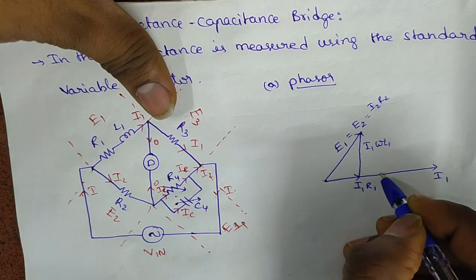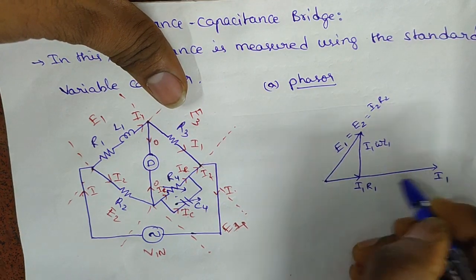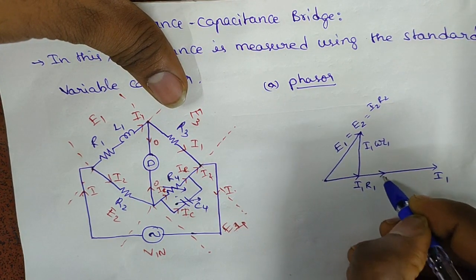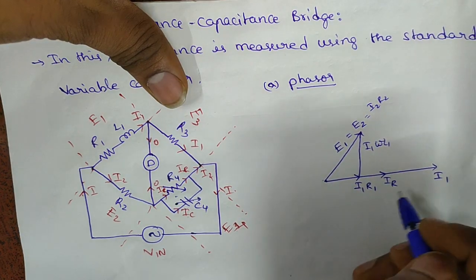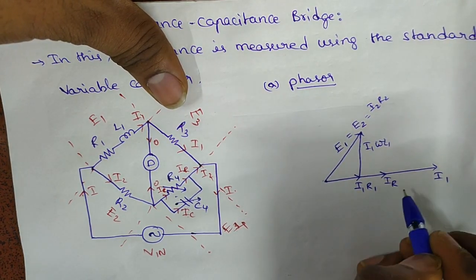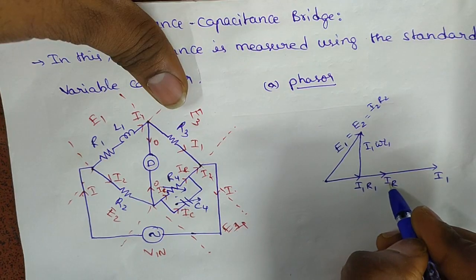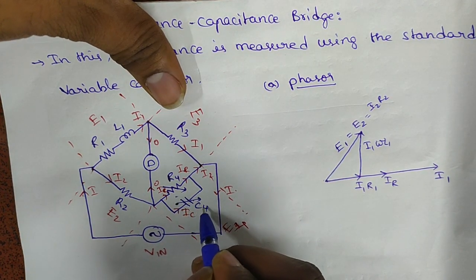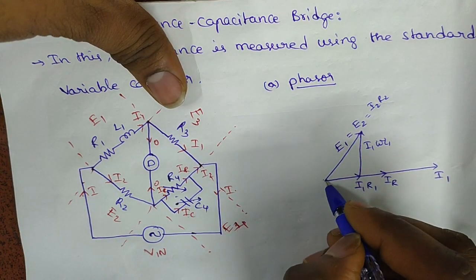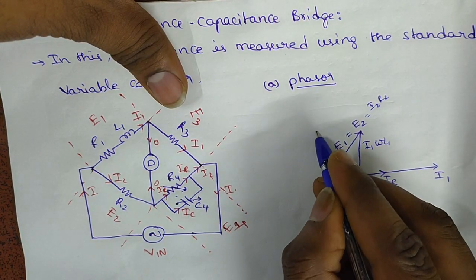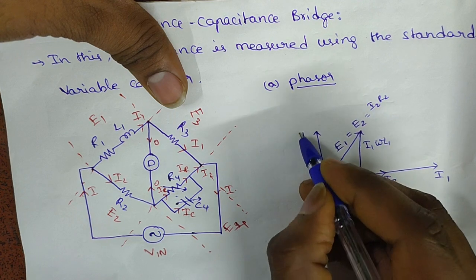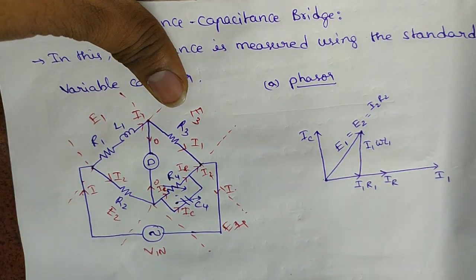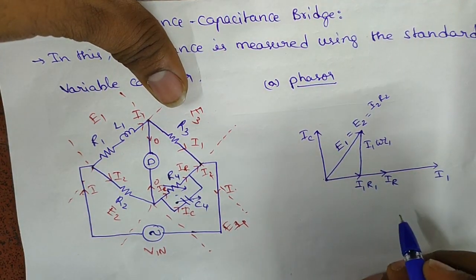Now we will take IR as resistive. So IR is in phase, as it is a resistive circuit. With respect to this, IC will be 90 degrees compared to the resistive element.